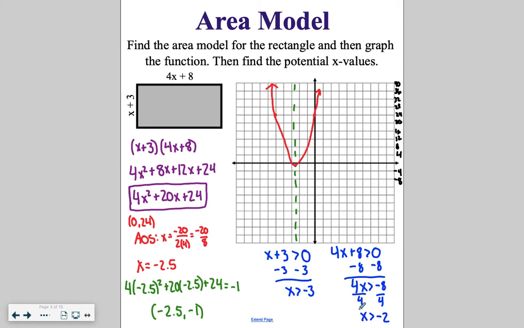So when you're trying to decide which inequality is your actual answer, you want to look for the bigger value that you get. So in this case, we're looking at negative 3 and negative 2. So that means this inequality right here, x is greater than negative 2, is your potential x values. So you can plug in anything above negative 2, and that is going to give you a solution to this graph.